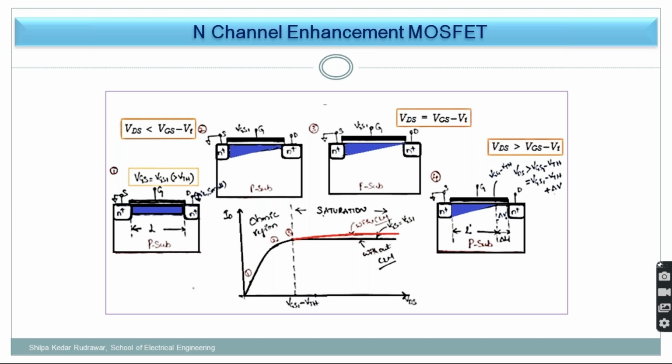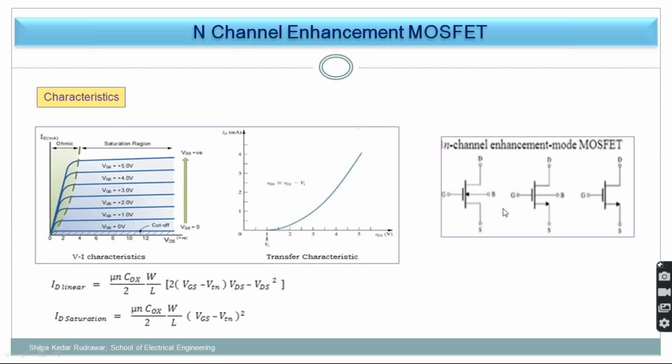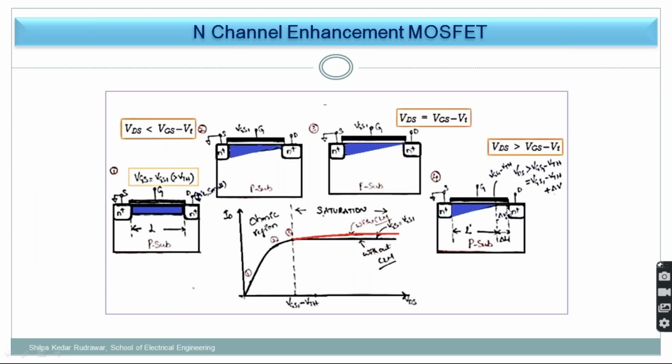But as VDS increases, the voltage at the drain point keeps increasing and is more than VGS minus VT. So at the pinch off point, the voltage is always VGS minus VT, and at the drain point it is always more than VGS minus VT. Just keep this in mind.